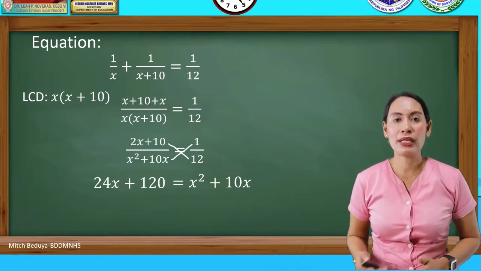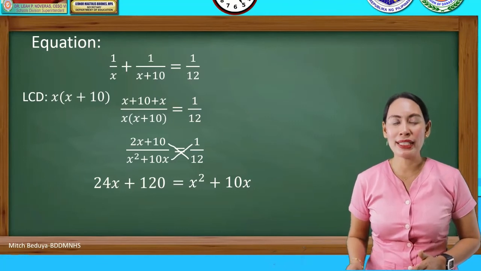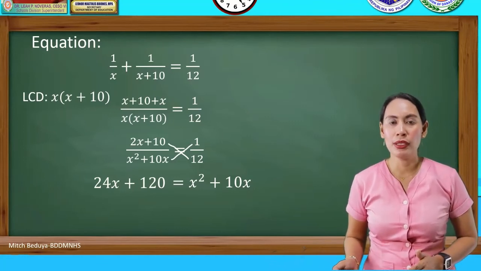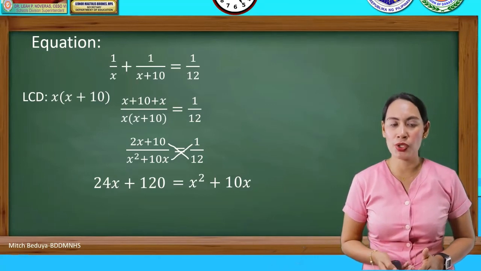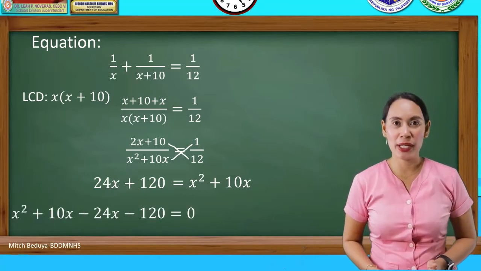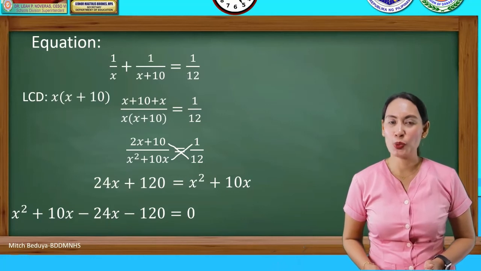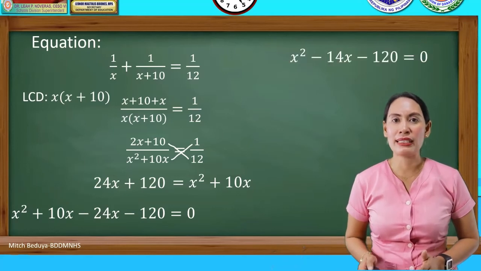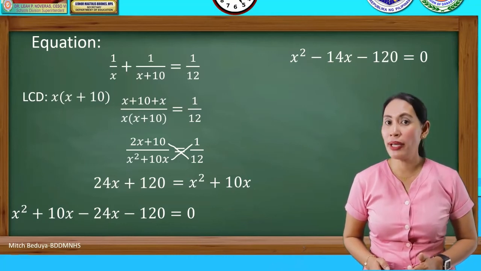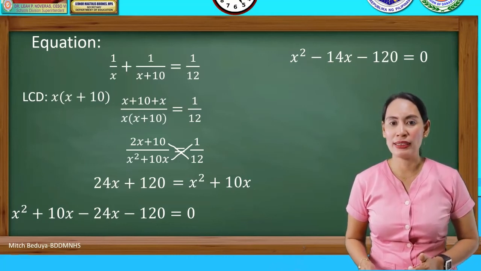Then, by transposition method, we transfer all the terms on the right side to the left side of the equation. So we have x squared plus 10x minus 24x minus 120 equals 0. Then, the standard form is x squared minus 14x minus 120 equals 0.